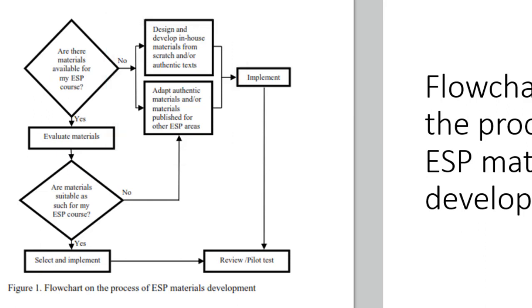And next, after that, you can adapt authentic materials. So authentic means that you can find them on the internet, for example, in newspapers where people read the news, for example, and then you implement them because you got a list of the materials.